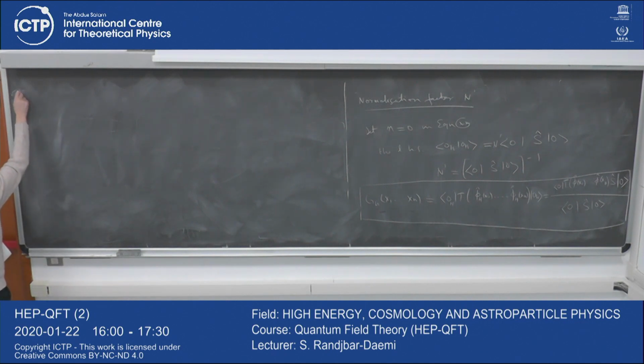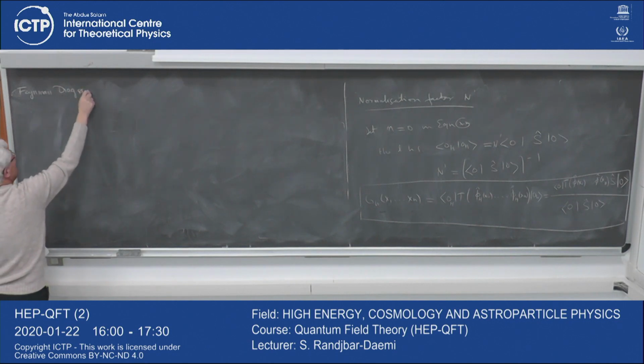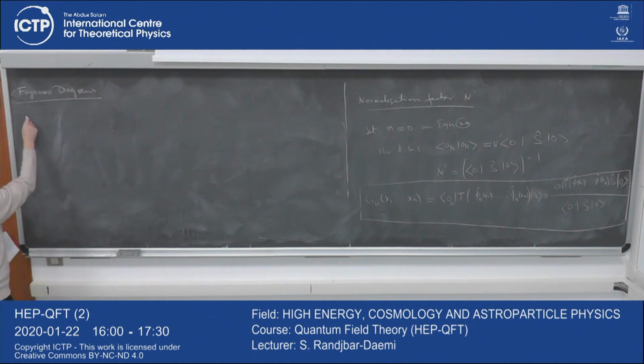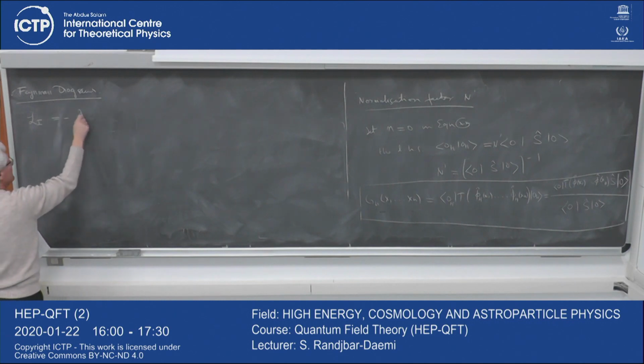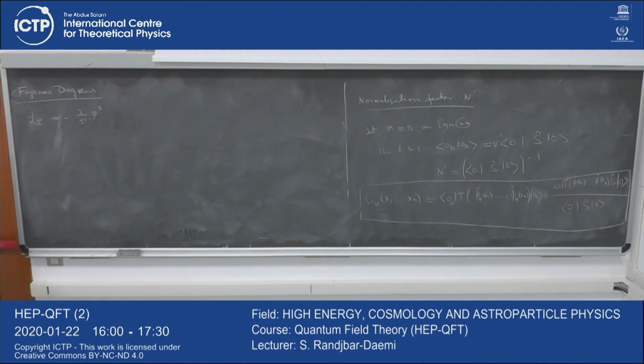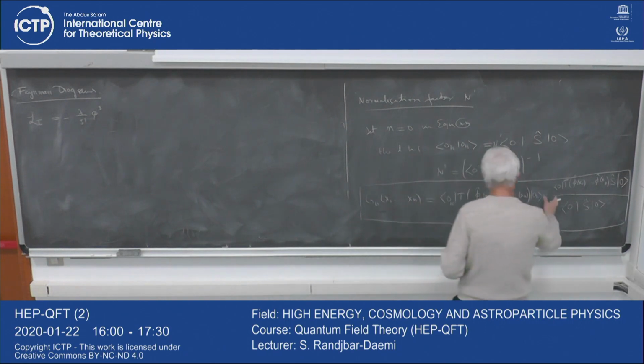The idea is, first of all, Feynman diagrams. Take L_I to be, just as an example, phi cubed, and calculate the right-hand side up to lambda squared.